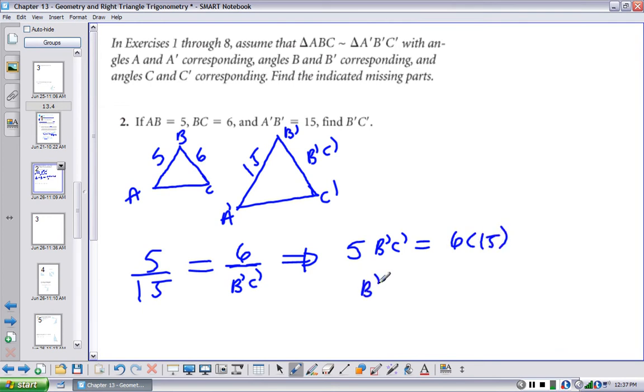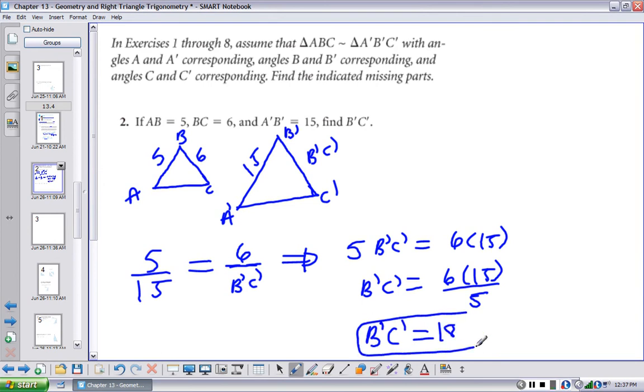So b prime c prime is 6 times 15 divided by 5, which for us is 18. Okay, similar triangles.